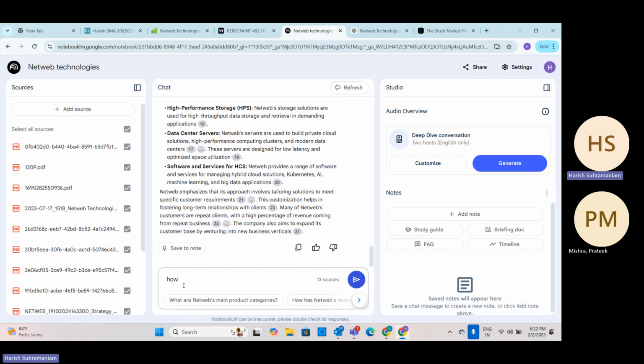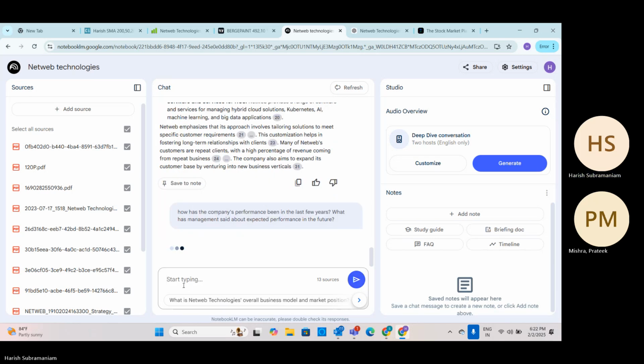Okay. How has the company's performance been in the last few years? What has management said about expected performance in the future?